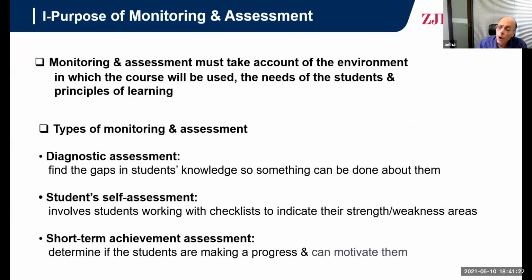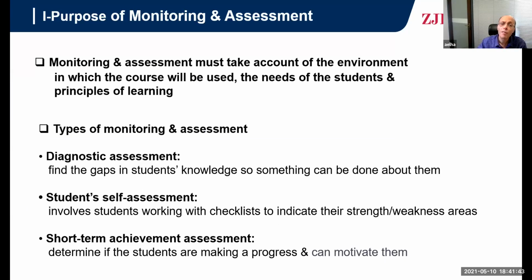So the process of monitoring and assessment must take into account the environment in which the course should be used, the needs of the student, and also the principles of learning. There are different types of monitoring and assessment: diagnostic assessment, student self-assessment, and short-term achievement assessment.